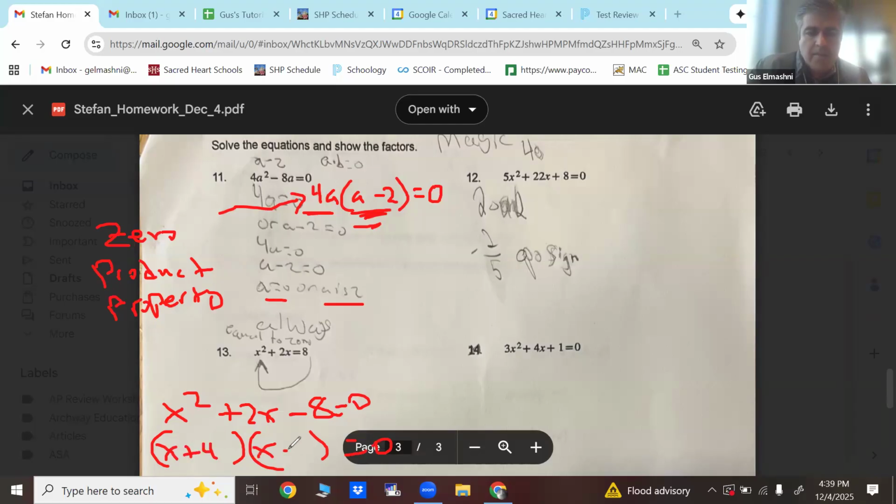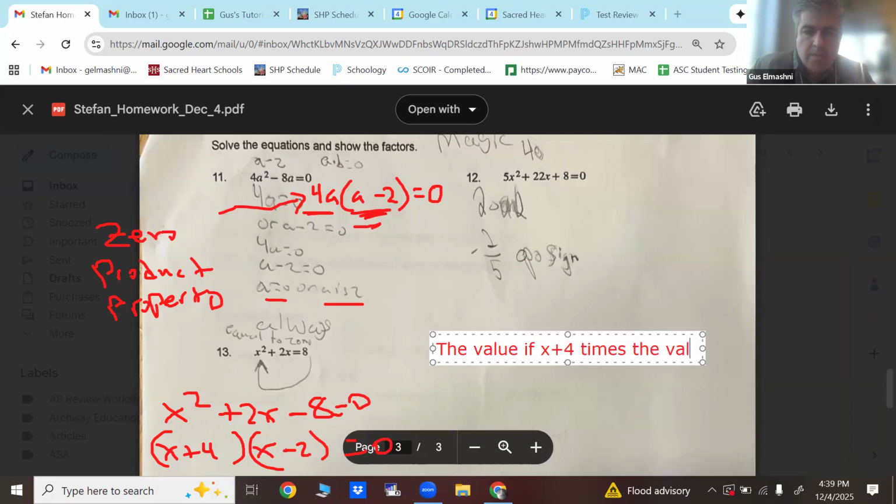But you're not out of the woods yet, because x plus 4 times x minus 2. So if I write this in the text box, you understand conceptually what's happening. The value of x plus 4 times the value of x minus 2 will equal 0.